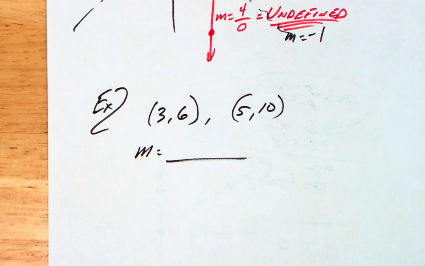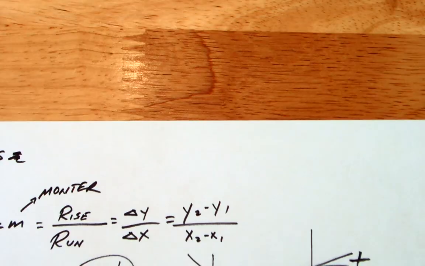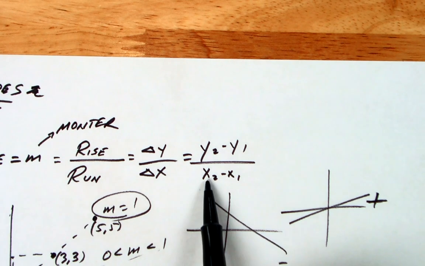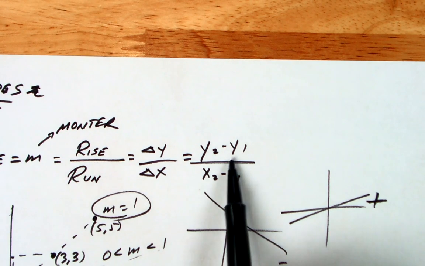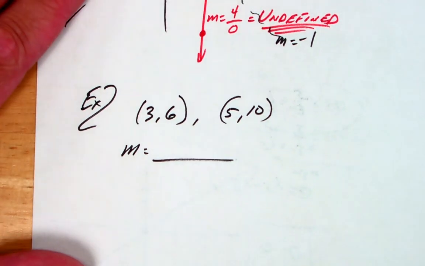Would you have to graph this? No, you don't have to graph it. You can just go ahead and do one of a couple things. You could use your formula, subtract my y's over subtract my x's, and that's your slope. So here we go. Let's do it that way.